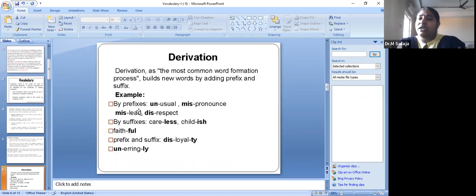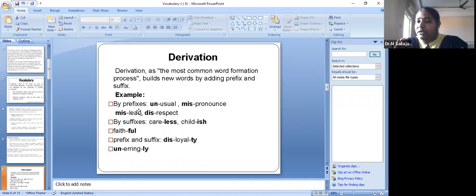Child is a noun and childish is a quality of a person. Suffixes: faith, faithful.